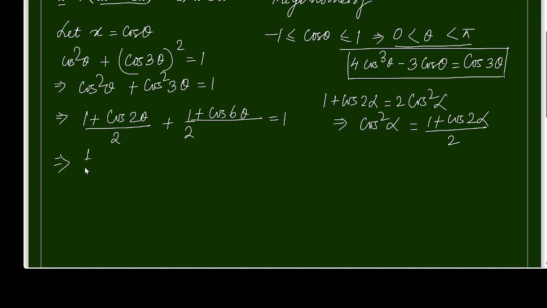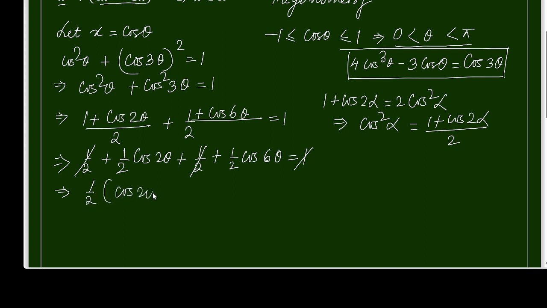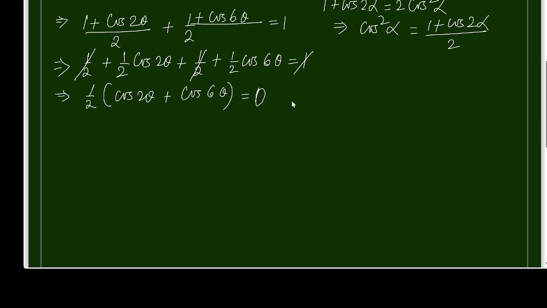Or this will be half plus half cos 2θ plus half cos 6θ equal to 1. The half cancels with the 1, leaving half of (cos 2θ + cos 6θ) equal to 0. So this gives us cos 2θ + cos 6θ = 0.